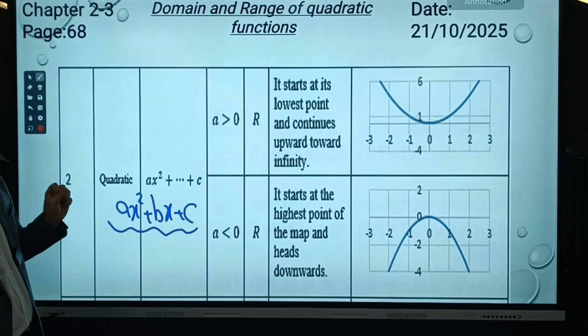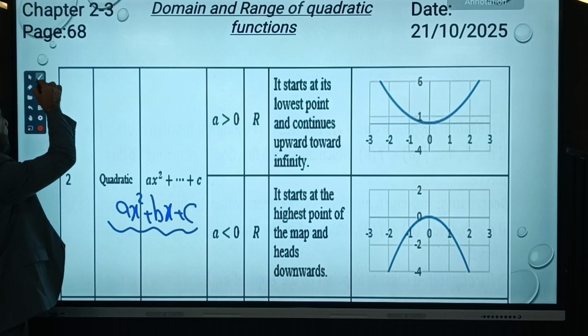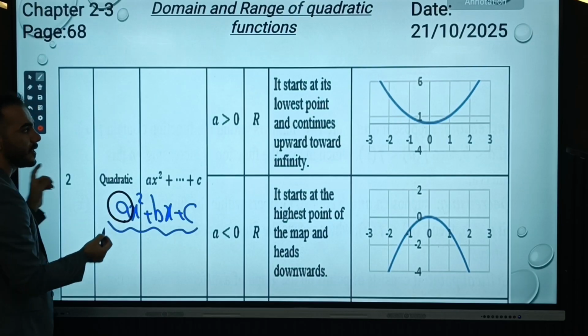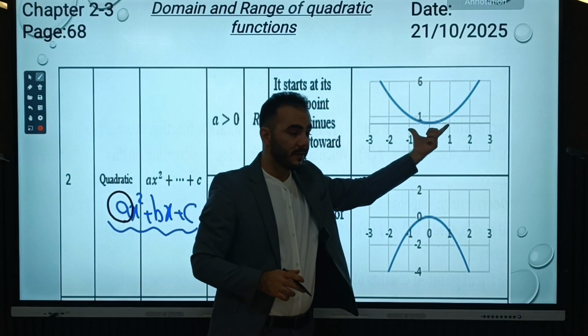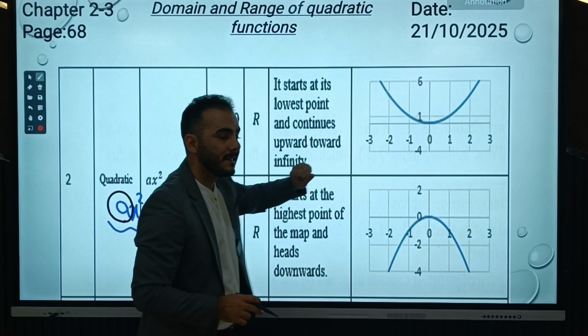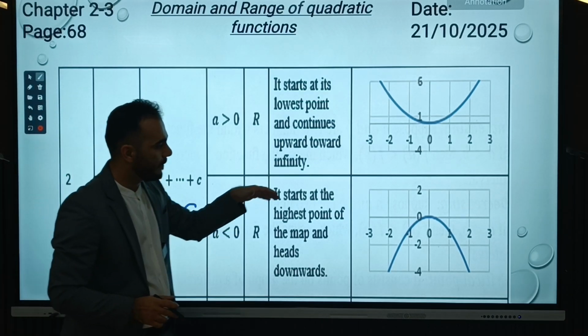Right now, it somehow depends on the coefficient of x squared, which is a. If a is positive, the graph is going to open up, just like this one. And if a is negative, the graph would open down, just like here. Okay.